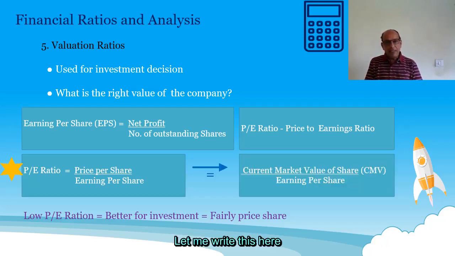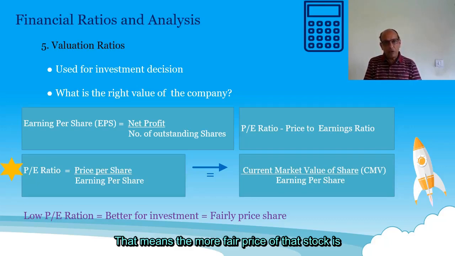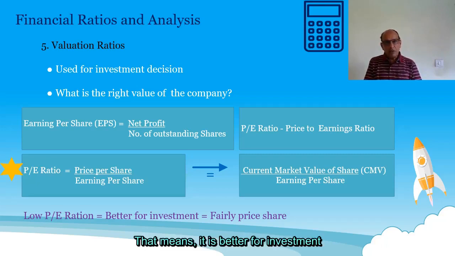Let me write this here. So the lesser the PE ratio is, the better it is. That means the more fair the price of that stock is. Hence, if the PE is lower in comparison with the other stocks of that same sector, that means it is better for investment.